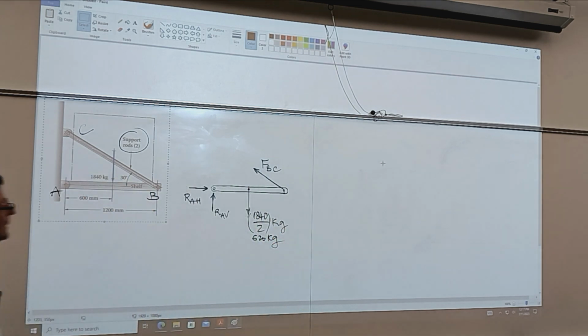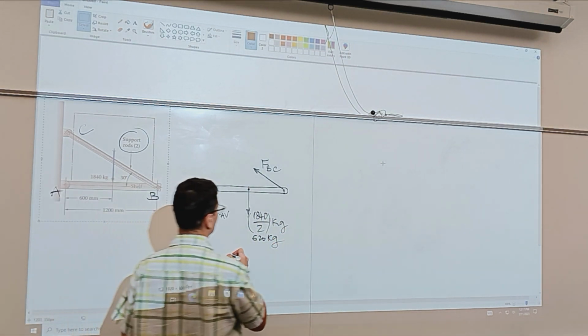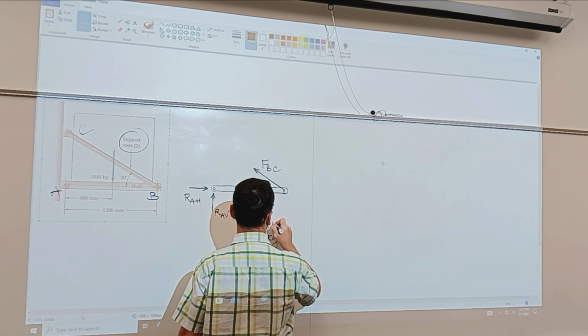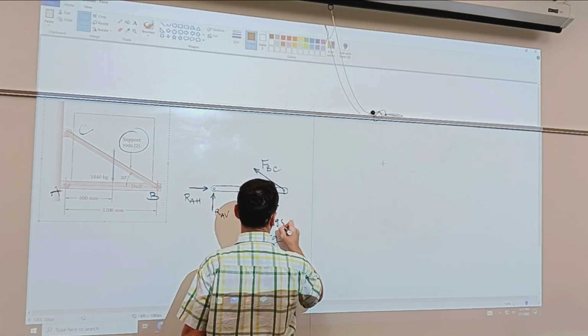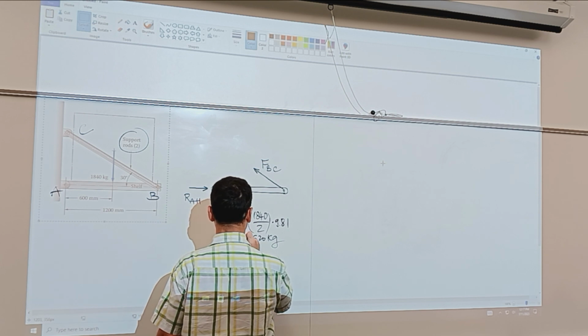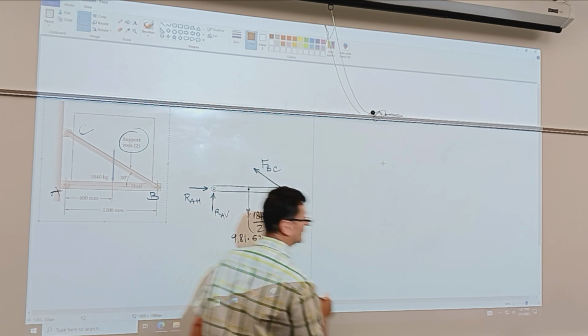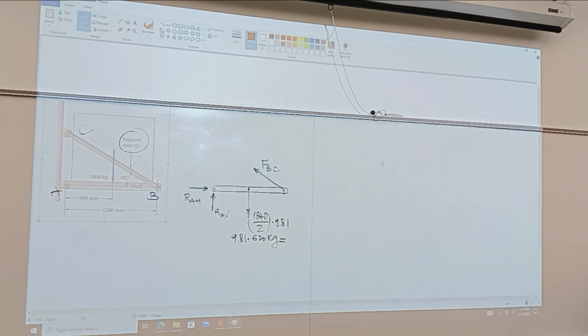The load, I need to multiply by what? Times 9.81, times g, right? Okay, so this is a metric problem.